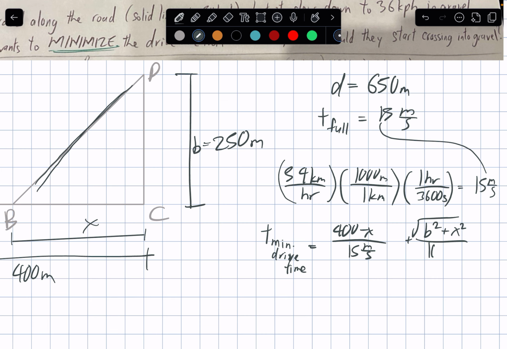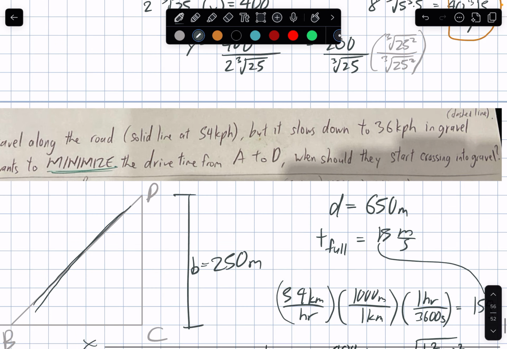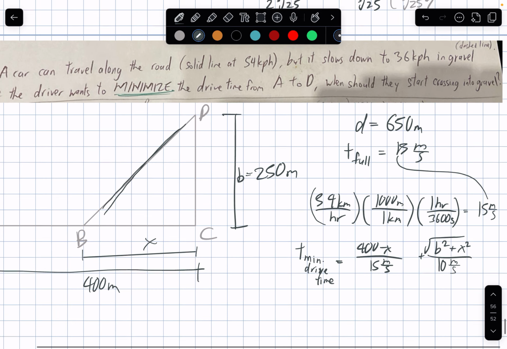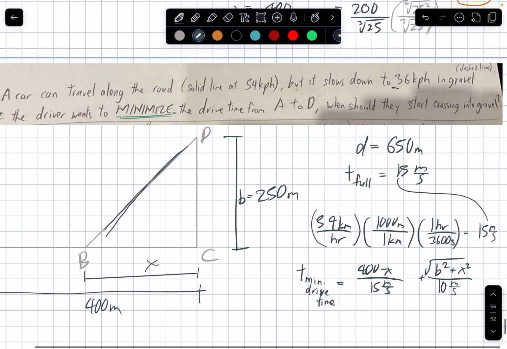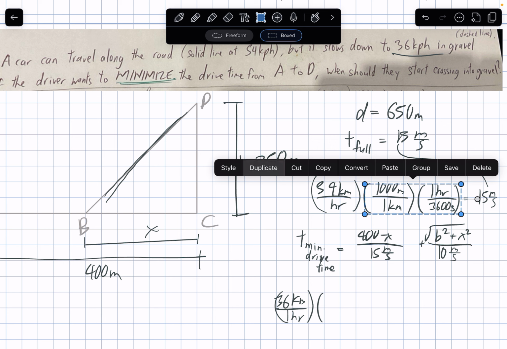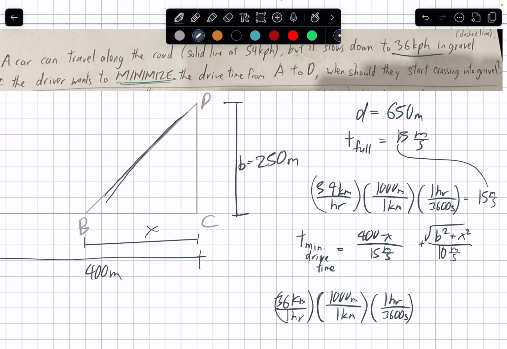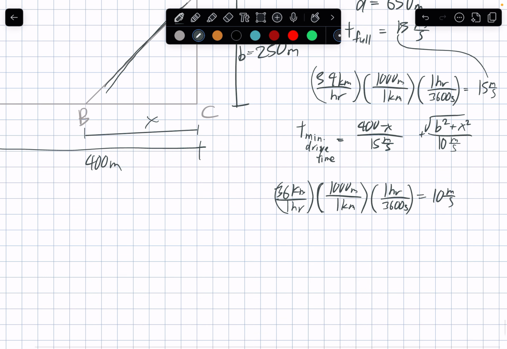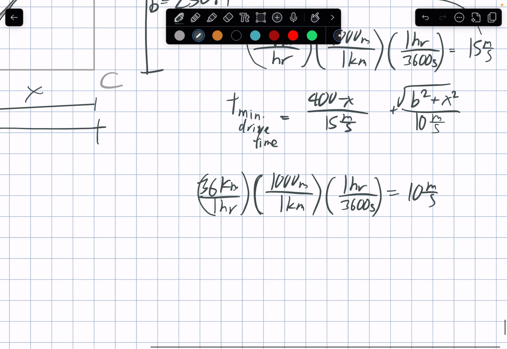Don't forget the square root. Over 10 meters per second. Where did we get 10 meters per second? It says slows down to 36 kph in gravel, right? So this portion is the gravel part. 36 kilometers per hour, apply this treatment there, and it will equal 10 meters per second. So we want to minimize, right?